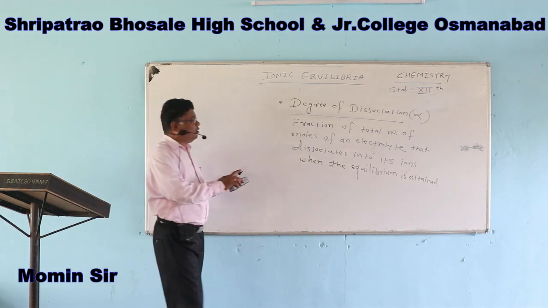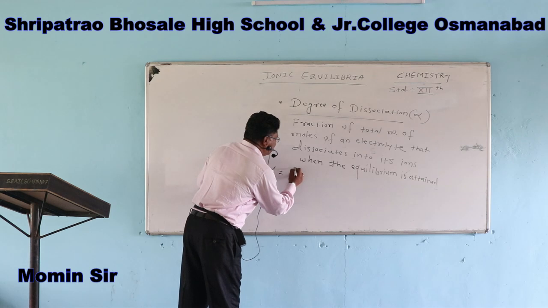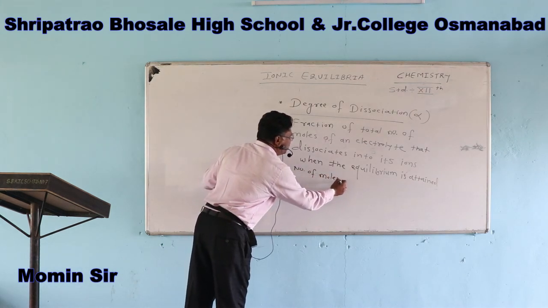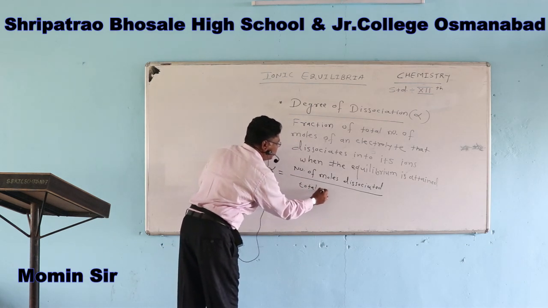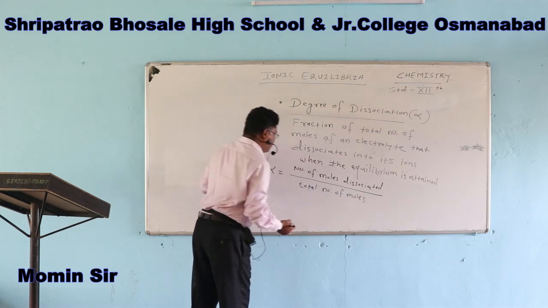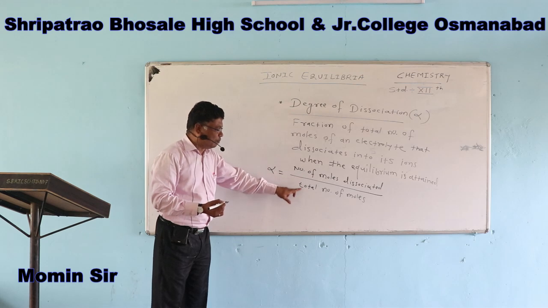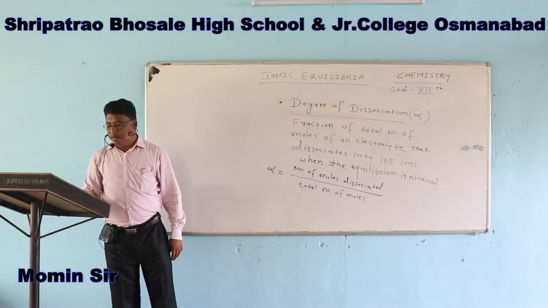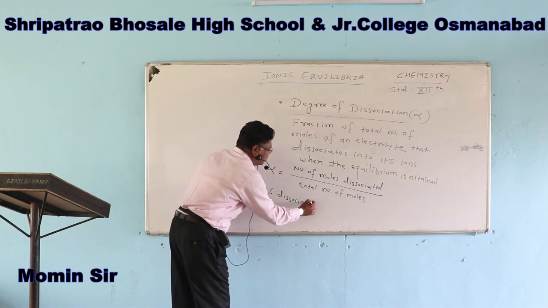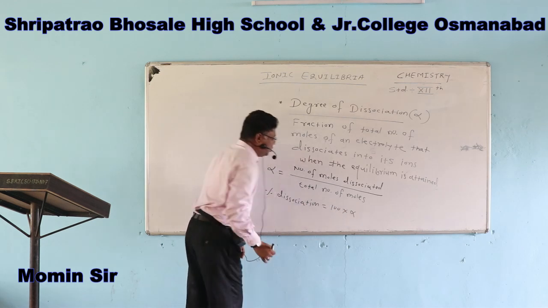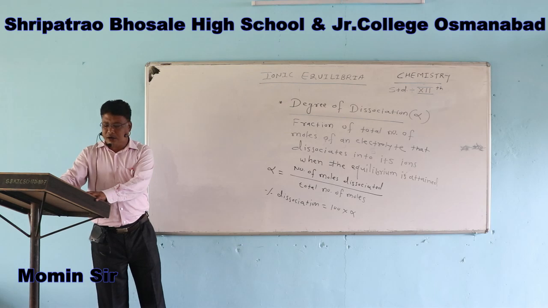So, degree of dissociation alpha is equal to number of moles dissociated upon total number of moles, and percentage dissociation is equal to 100 into alpha.